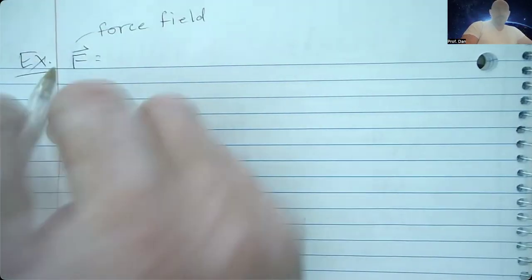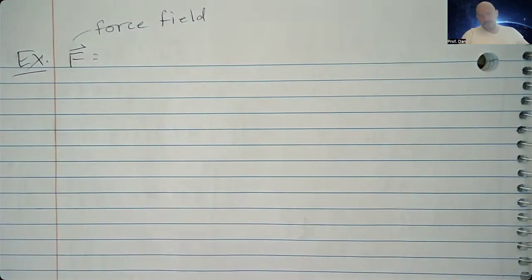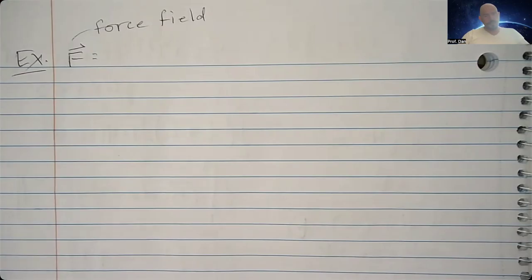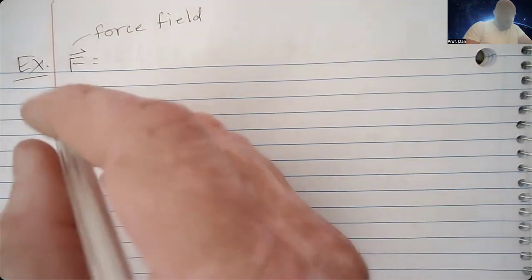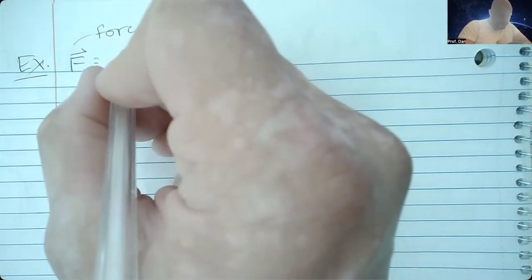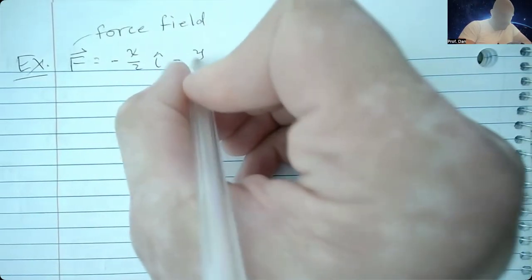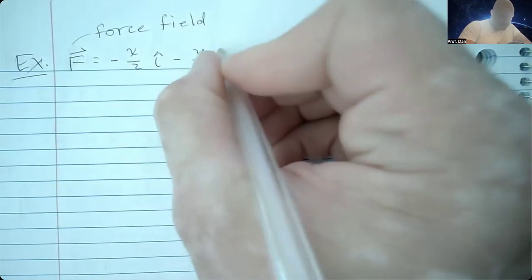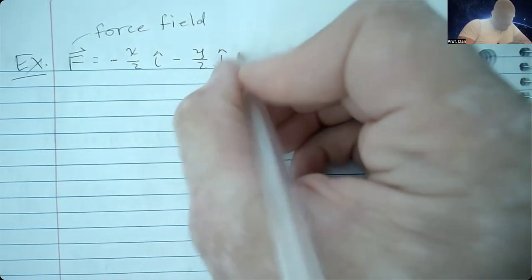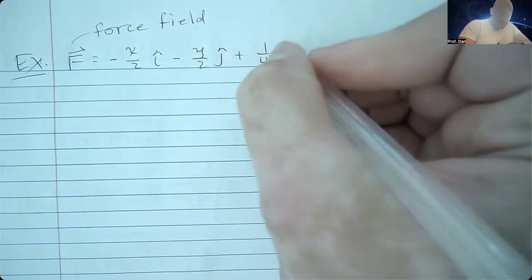Basically, the vectors that are assigned to each point in this field tell us the force acting on whatever object is at that point. All right, so here we're given that the force is given by the vector field negative x over 2 i minus y over 2 j plus 1/4 k.